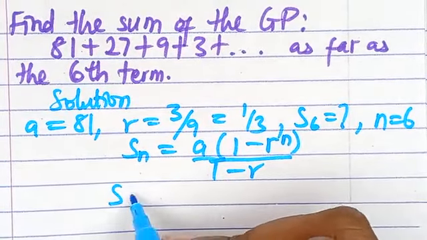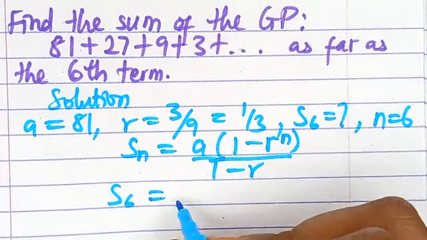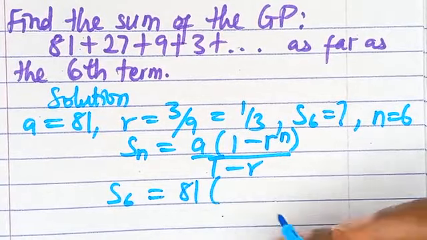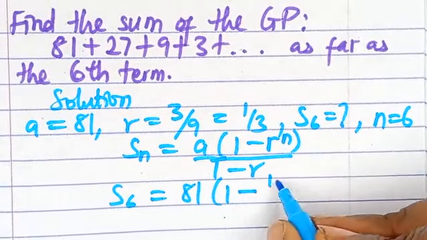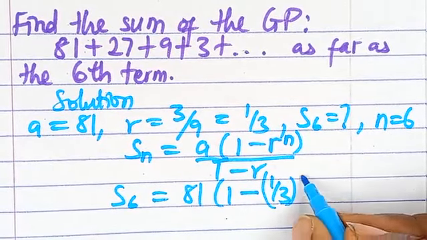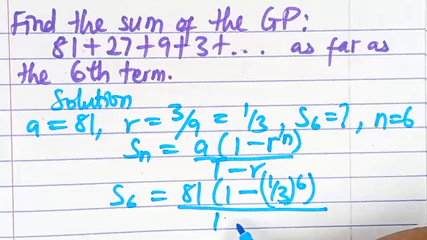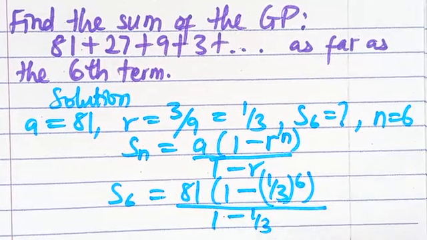We have that the sum to the sixth term is equal to A is 81, 1 minus R is 1 over 3 raised to power 6, all over 1 minus 1 over 3.